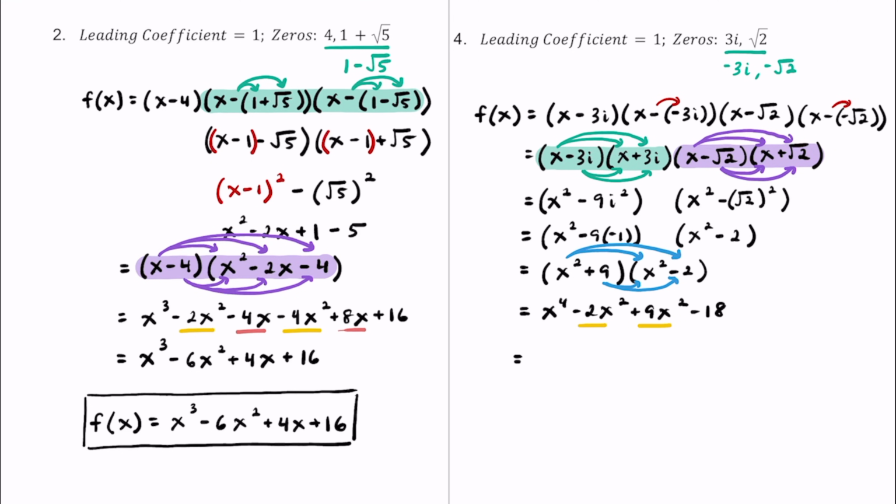So if we do that, we're going to have x to the 4th power in front. Negative 2 plus 9 is going to be 7, so we have 7x squared. And then we have minus 18 afterwards. All right, so after all that, we have our final polynomial in standard form. It's going to be f of x is equal to x to the 4th power plus 7x to the 2nd power minus 18.